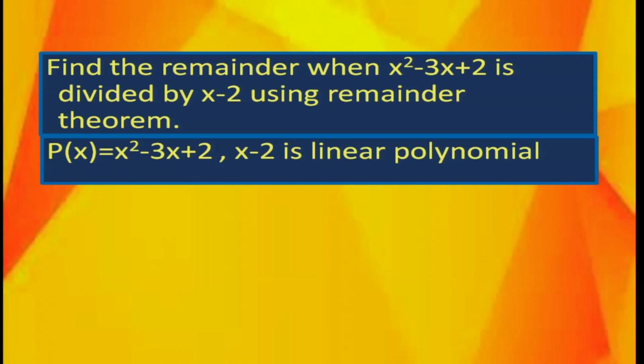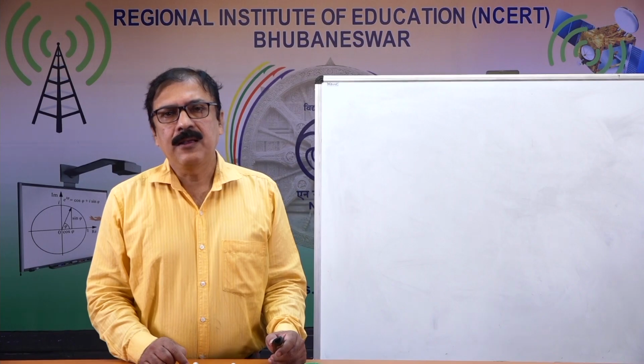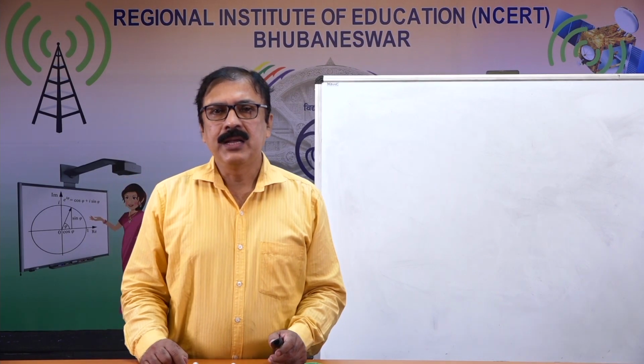So, by replacing x with 2, we have P(2) equal to 2 square minus 3 into 2 plus 2. 2 square is 4, minus 3 into 2 is 6, plus 2. This gives 4 minus 6 plus 2 equal to 0. That means the remainder is 0.